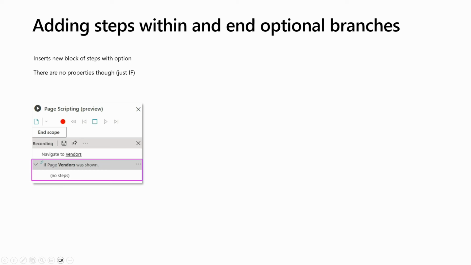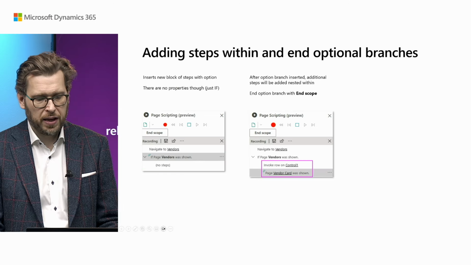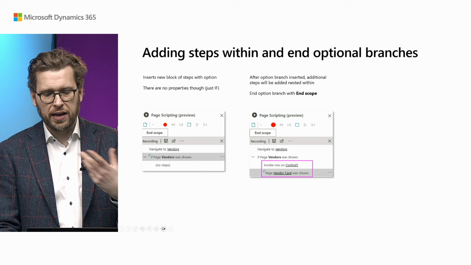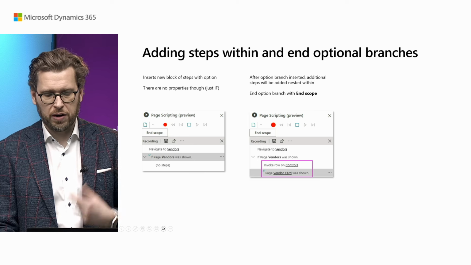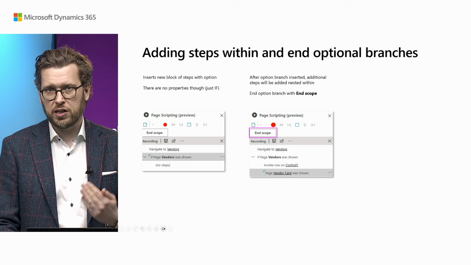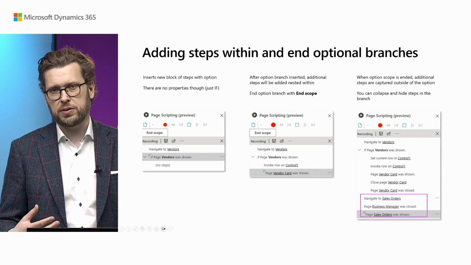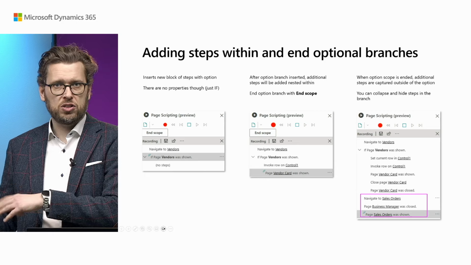So we can see that here. I say that this page is optional. For this case, there's no properties. It's either showing or not. And right now there's no steps. Then on that page that appears when I record, I will do some steps. And then when I'm done, I'm going to say end scope. And then I can continue the recording to record the steps if that page is not shown.